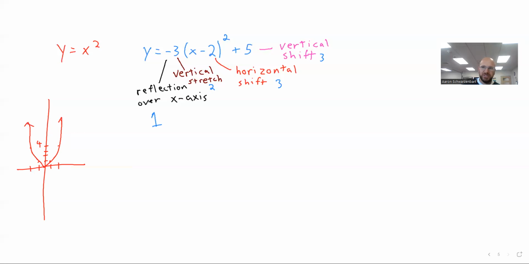The negative flips it down and each point goes down. So I'll just flip it down. This is translation 1.